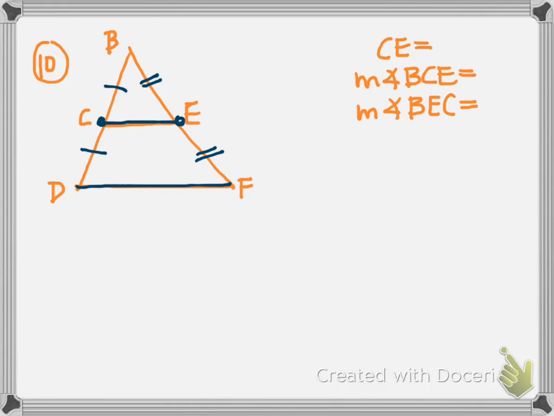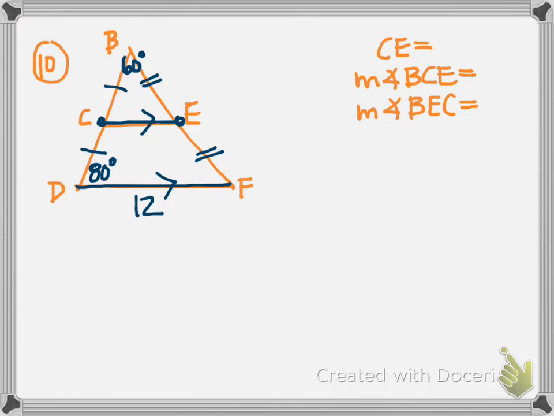I also know that it's parallel to DF. We also know that DF equals 12, the measure of angle D is 80 degrees, and the measure of angle B is 60 degrees. You can see that.